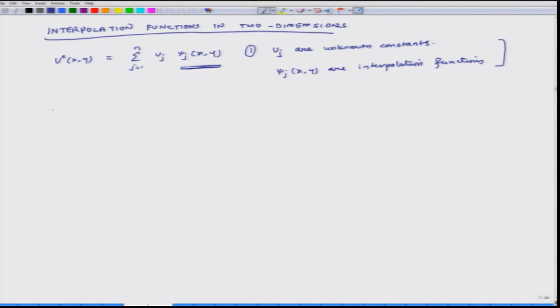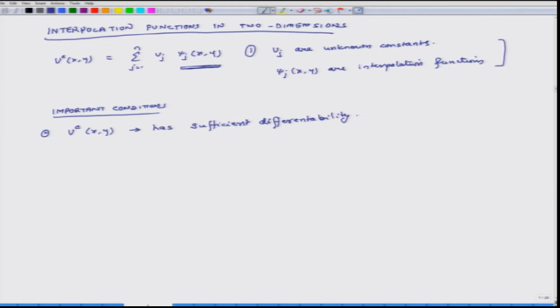So, the first thing is, whenever we pick up psi j, we have to ensure that we pick up psi j in such a way that u of x y, which is the actual unknown variable, has sufficient differentiability.